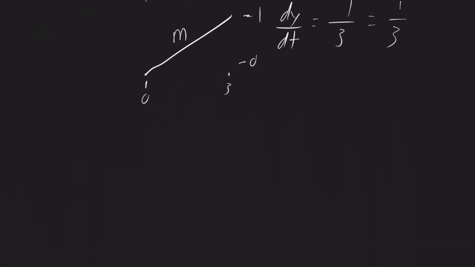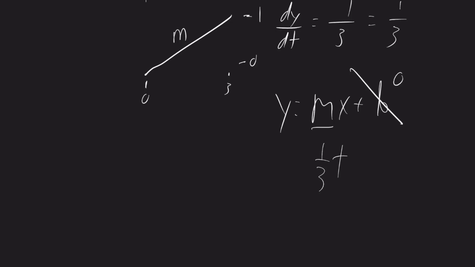And the equation for a line, y equals mx plus b, the y-intercept is 0, so that b will go away. m is the slope, that's 1/3, and instead of x we have t. So x of t is 1/3 t.